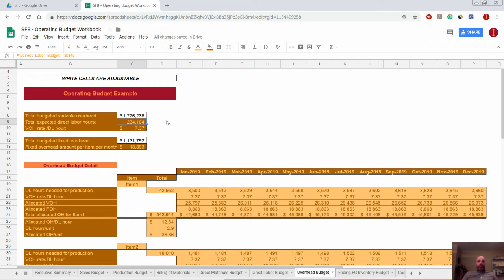But this is a big involved process, and for the sake of simplicity, in this example we're going to apply variable overhead on the basis of direct labor hours. So what does that mean? For every direct labor hour that gets applied towards a finished good, we're going to tack on its corresponding cost, $7.37, to account for what we expect to spend in variable overhead. Okay?